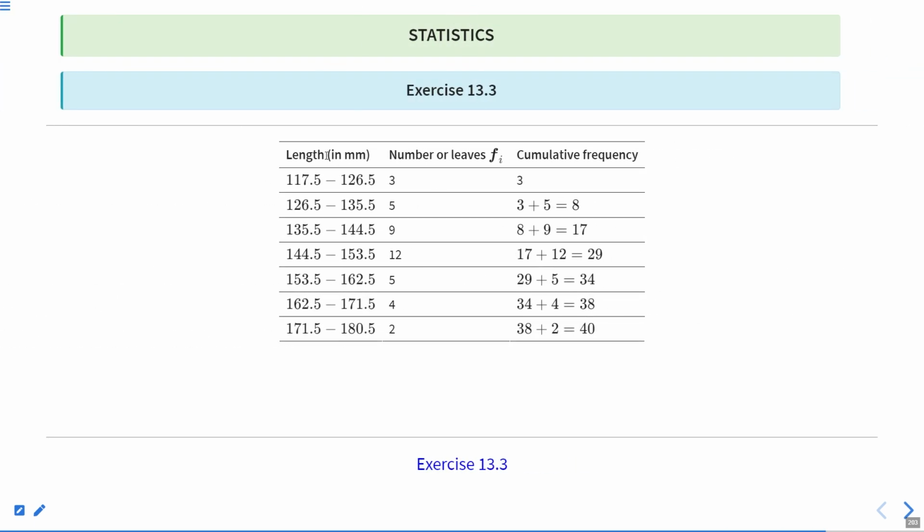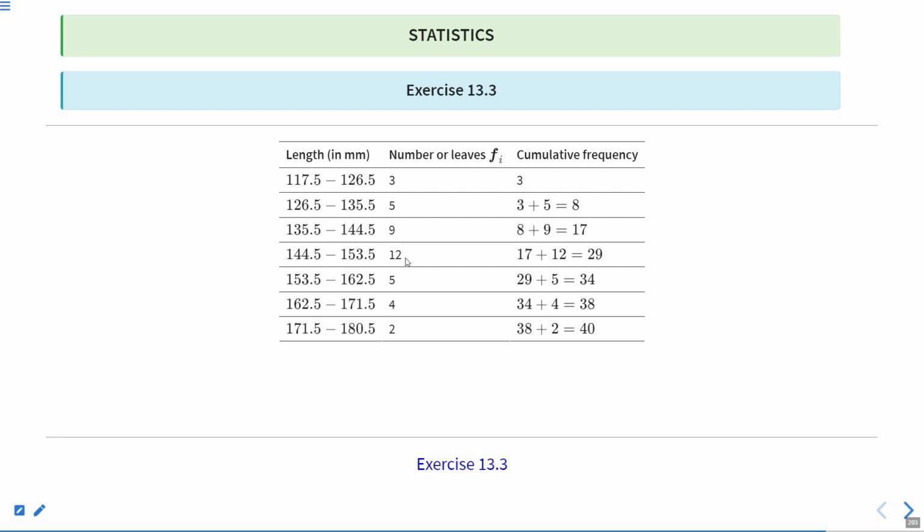For the length 117.5 to 126.5 millimeter, the number of leaves fi is 3 and the cumulative frequency is 3. For 126.5 to 135.5, the number of leaves is 5 and the cumulative frequency is 3 plus 5, that is 8. For the next class, the number of leaves is 9 and the cumulative frequency is 8 plus 9, that is 17.